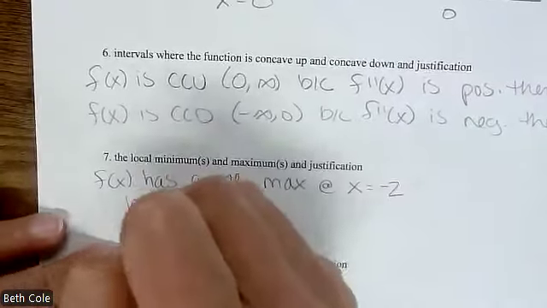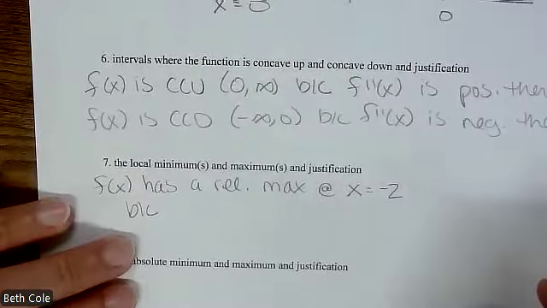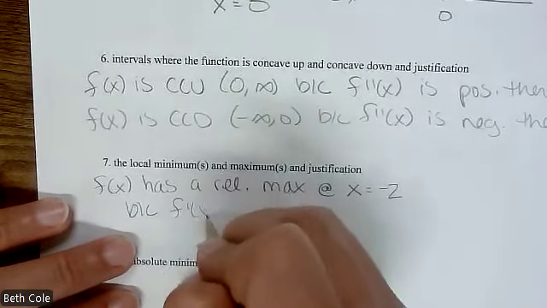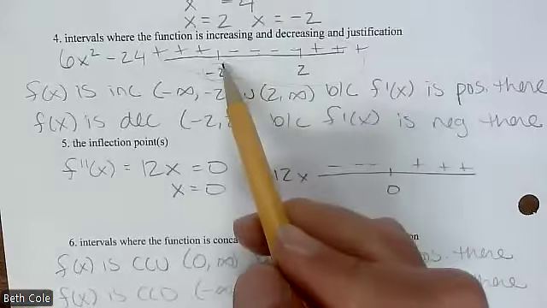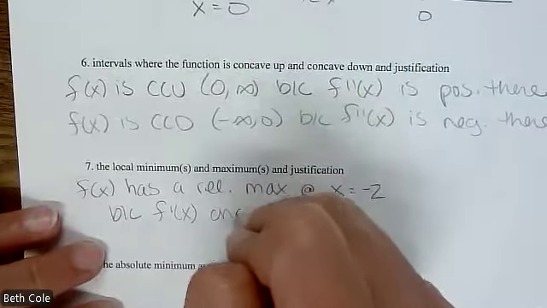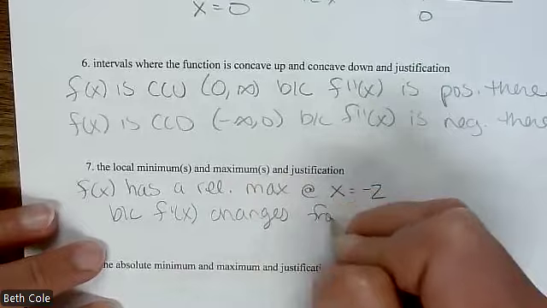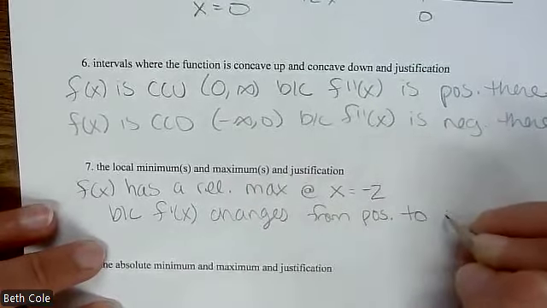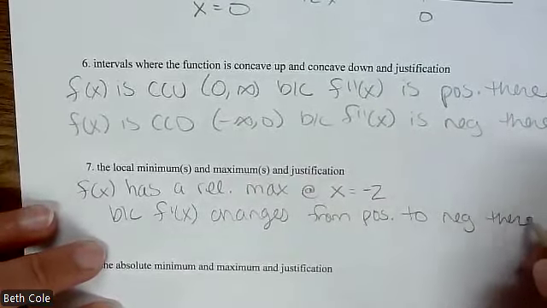Because, who's your source? F prime does what at -2? Here, I'll point to it. What happens at -2? Perfect. F prime changes from positive to negative there.